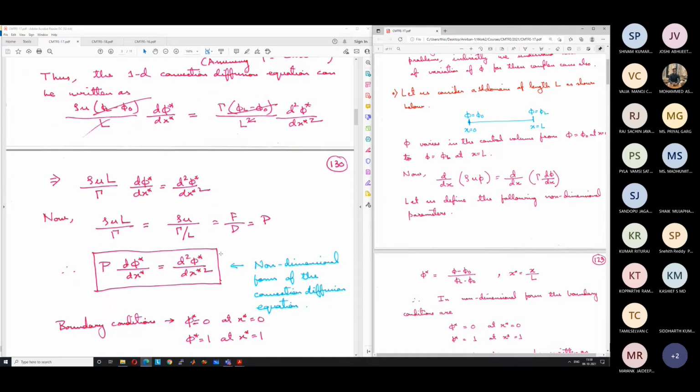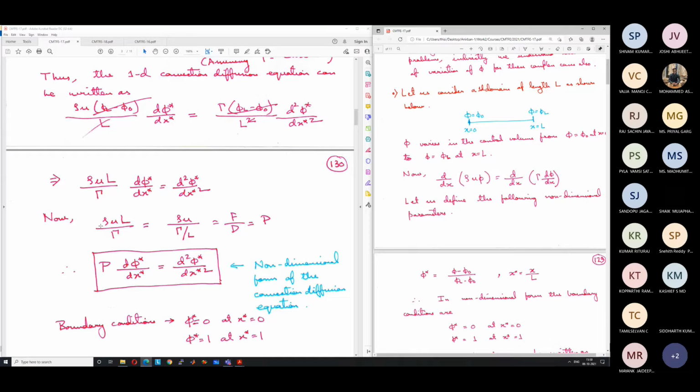So what is this rho u L by gamma? So rho u L by gamma is rho u by gamma by L. So rho u, remember, we had defined in the previous classes, the advective strength, F, means the strength of the flow. And gamma by L is the diffusive strength, diffusion coefficient divided by length scale.